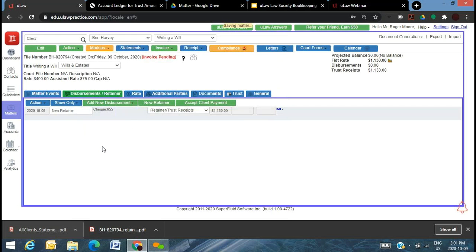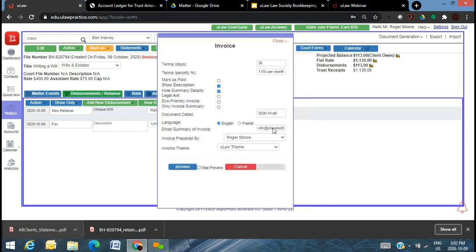So let's say there's a fax disbursement of an additional, I don't know, $100. That gives you a disbursement that's over and above the retainer that was provided. Let me go ahead and generate the invoice.